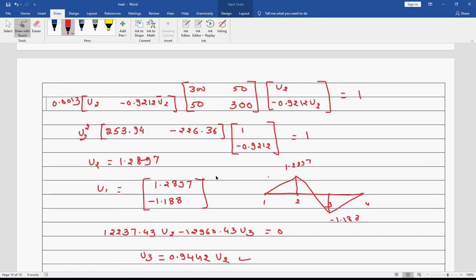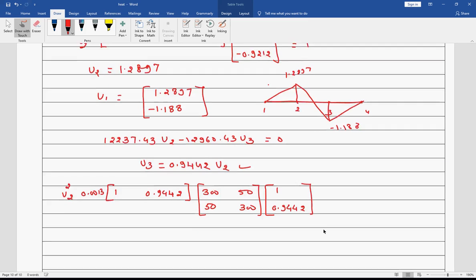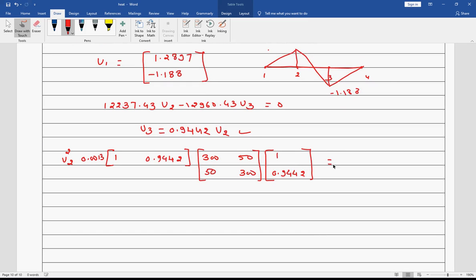And what is the mass matrix? 350, 50, 50, 300, and this will be 1, 0.9442, and this is supposed to be 1.